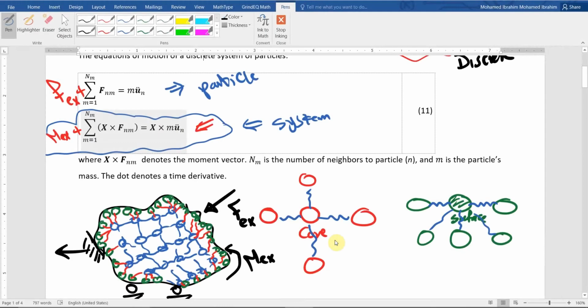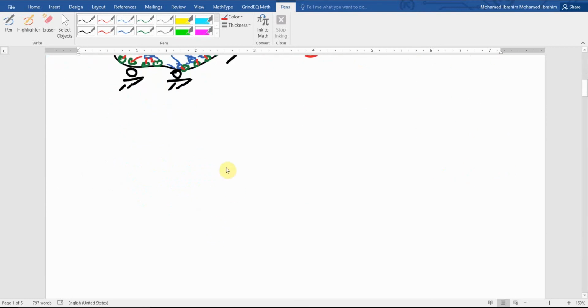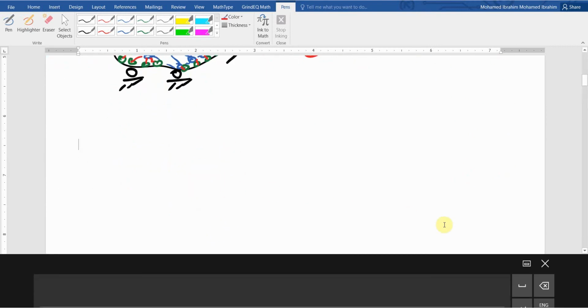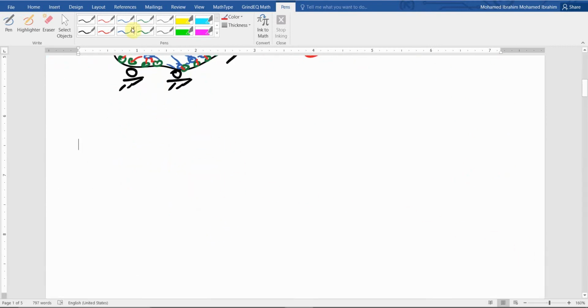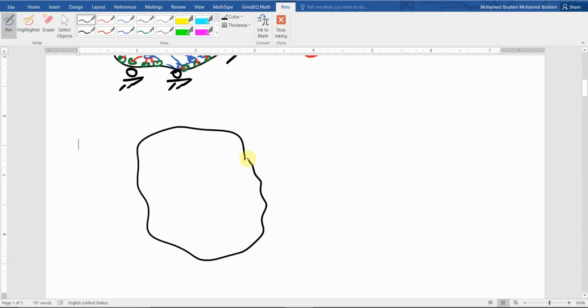So to derive these equations, let us again consider the continuum. Assume that we have this continuum body again, and as we mentioned, this continuum consists of so many particles, an infinite number of particles, so we cannot locate or identify a specific particle inside this continuum.